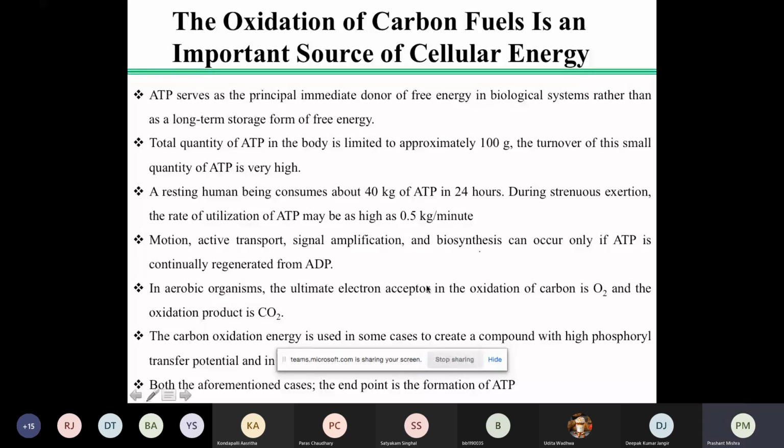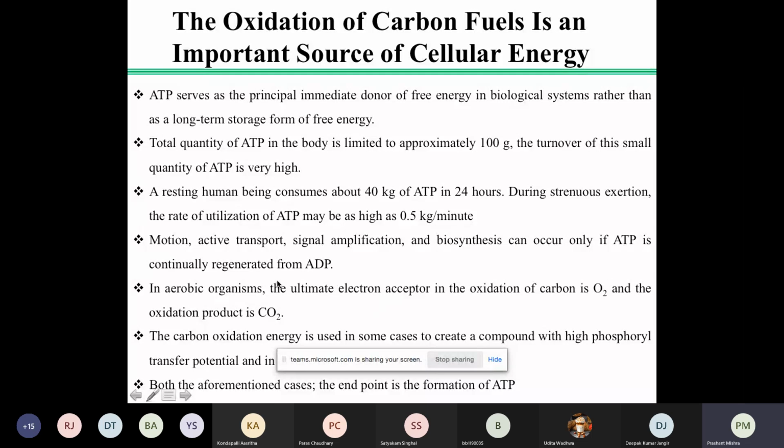So whenever we talk about ATP synthesis, here you learn that ATP can be synthesized in two ways. One of them is that the aerobic organism has an ultimate electron acceptor. For example, in most aerobic organisms, you have oxygen as the terminal acceptor of electrons.